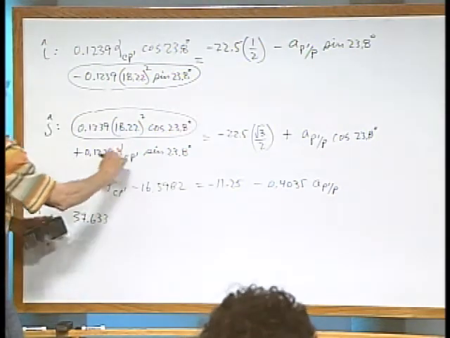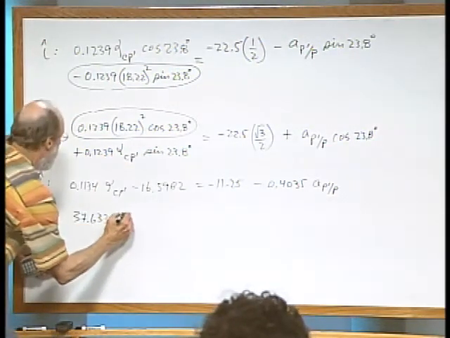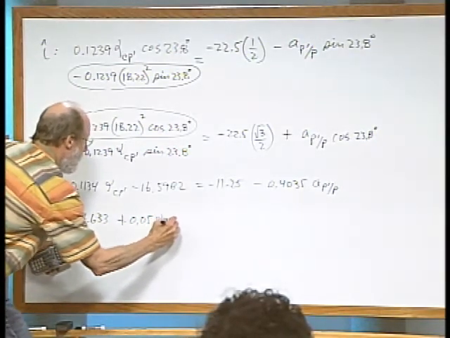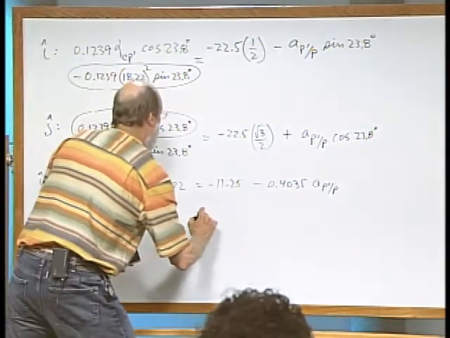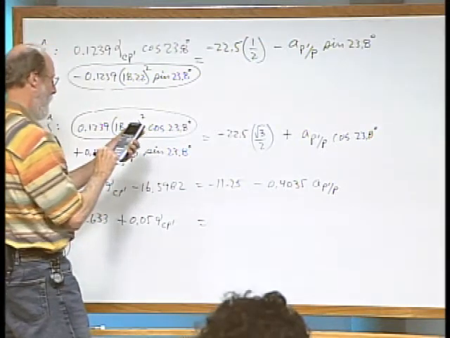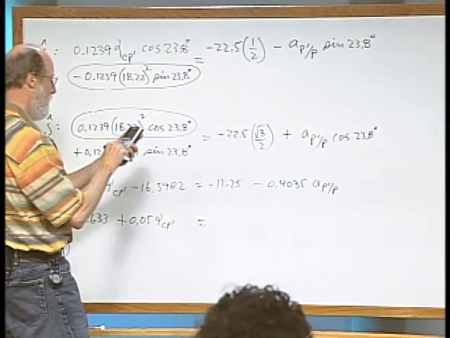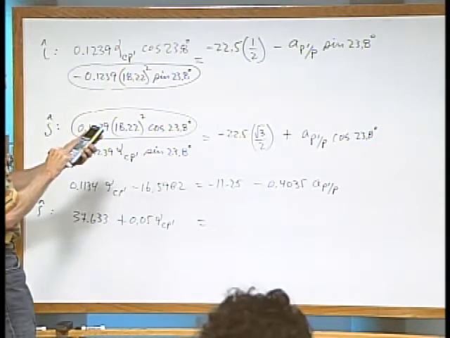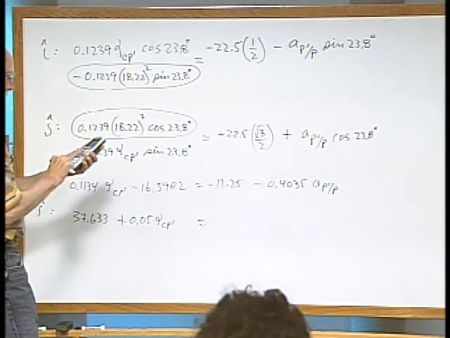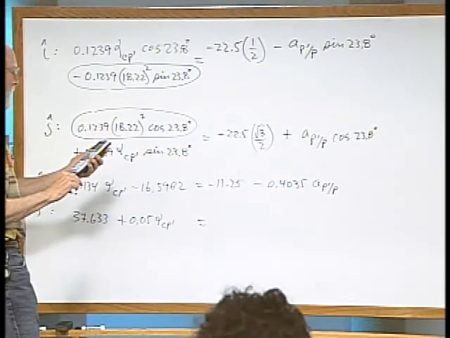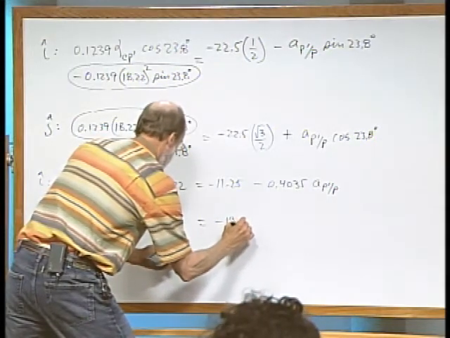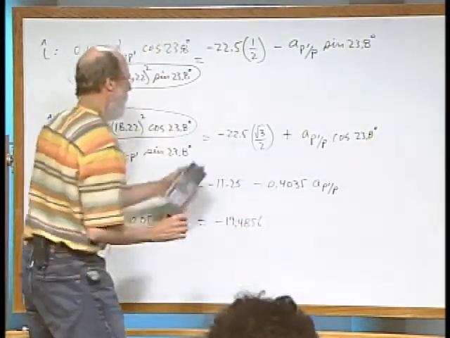0.05. This last term looks like 0.05 positive. And then over on the right, we end up with a similar term. Well, actually, no. It's a negative 11.25 times square root of 3, which is 19.4856, minus 19.4856 right there.